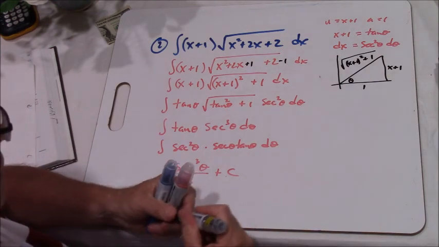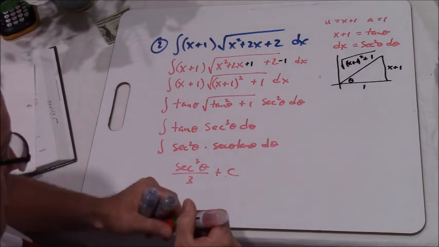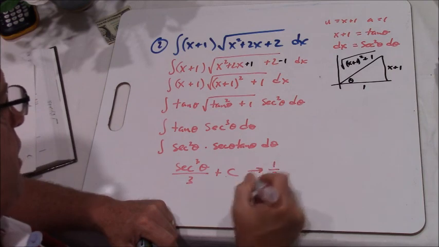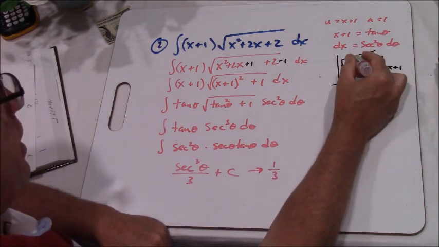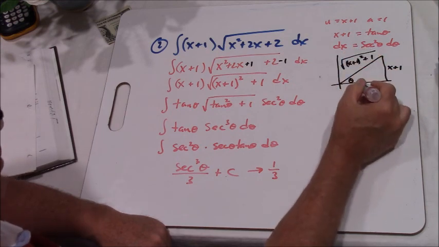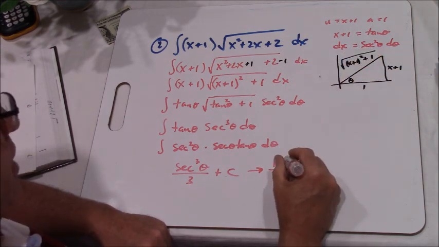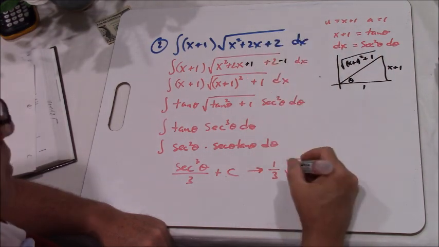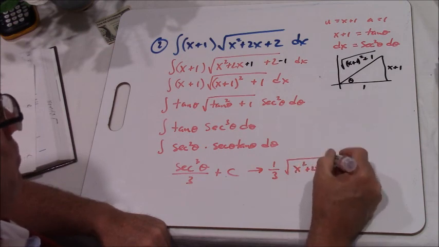And so the secant, which would be the reciprocal of the cosine. So let's see, I'm going to call this 1/3 times. Cosine would be adjacent over hypotenuse, so I want hypotenuse over adjacent. So I'm going to say the square root of, instead of this, I'm going to write the original square root, x squared plus 2x plus 2.